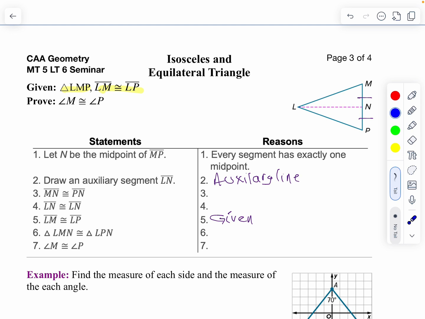Now we're going to say, why is MN congruent to PN? Notice I already got it marked. Well, that's the same because N is the midpoint. So now we have MN is congruent to PN. LN is congruent to itself, so that is going to be reflexive.